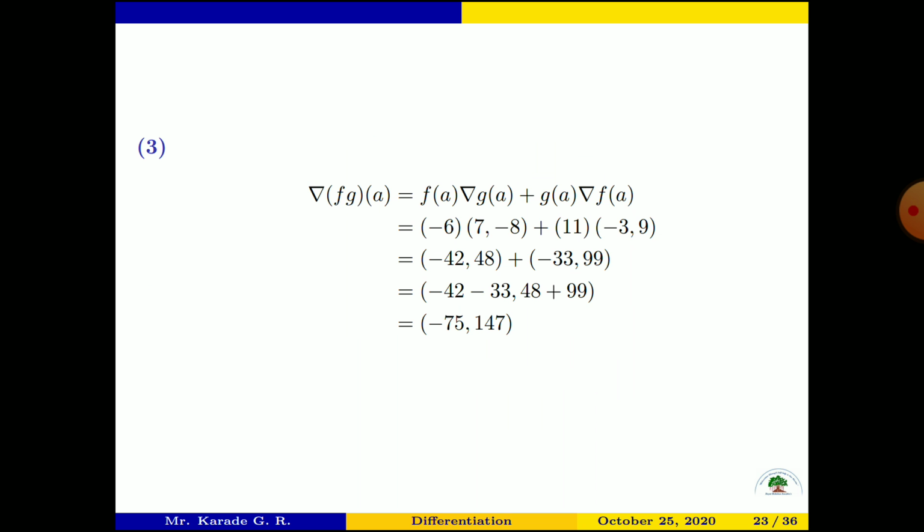So the gradient of f into g at point a is equal to f of a into the gradient of g of a plus g of a into the gradient of f of a. We have calculated the value of f of a, it is -6, and the gradient of g at a is the vector (7, -8), plus the value of g of a is 11, and the gradient of f at a is the vector (-3, 9).